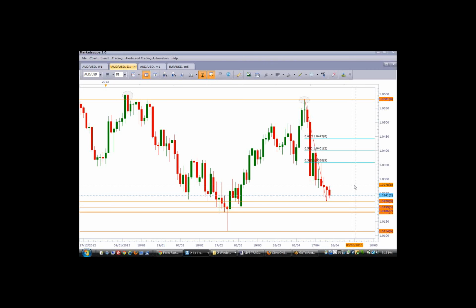The other one I found was the Euro pound on a daily. Again, it's to go short because it's been above the moving average and it hasn't gone below it on 2 bars. So this is a daily to go short on the Euro pound.